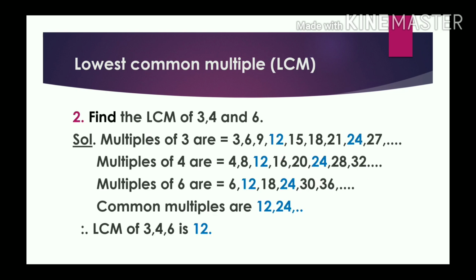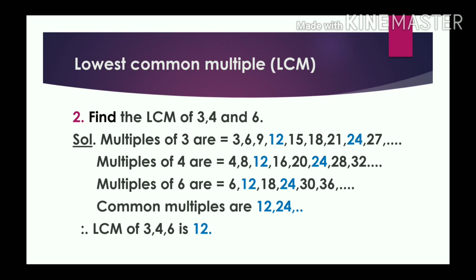Second, find the LCM of 3, 4, and 6. Solution: multiples of 3 are 3, 6, 9, 12, 15, 18, 21, 24, 27, and so on. Multiples of 4 are 4, 8, 12, 16, 20, 24, 28, 32, and so on.